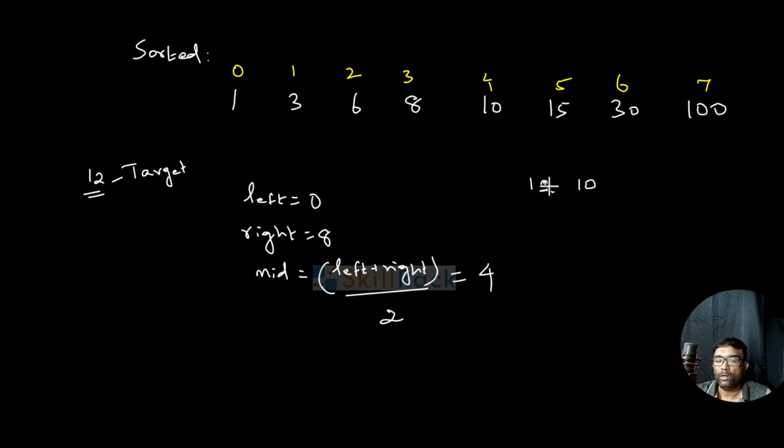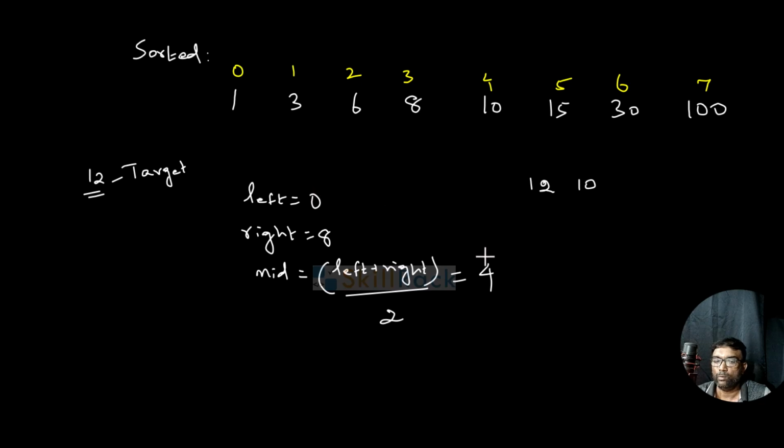If 12 is greater, what are you going to do? You know that 12 must be inserted in the second half. You have the first half from 0 to 4 and the second half from 4 to 7. Since 12 is greater than 10, it should come in the second half. So left will point to mid plus 1.